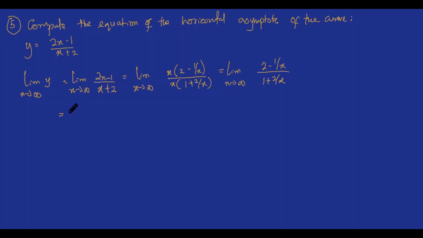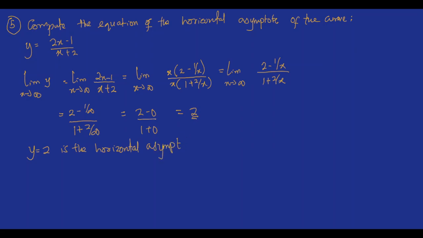Substituting, this is 2 minus 1 over infinity divided by 1 plus 2 over infinity, which becomes 2 minus 0 divided by 1 plus 0, and we have our answer as 2. So y is equal to 2 is a horizontal asymptote of the function. That is, as x tends towards infinity, the function tends towards y equal to 2.